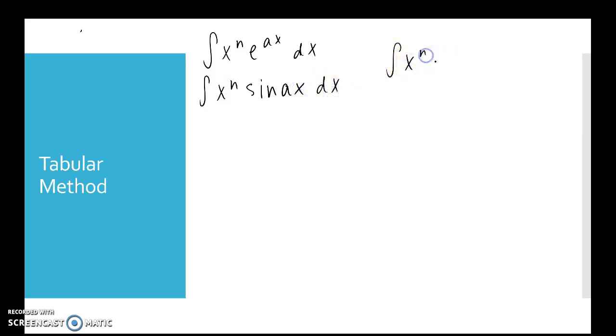Okay, the tabular method. So when you have an integral set up in the form x to the n e to the a x, x to the n sine of a x, or x to the n cosine of a x.